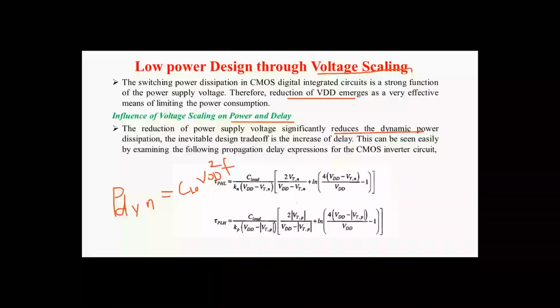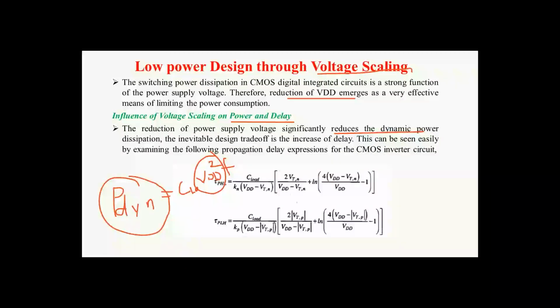Here the dynamic or average power dissipation is proportional to the supply voltage. When you increase the supply, the power dissipation increases. When you reduce the supply voltage, the overall power dissipation will be reduced. That is low power design through reduction of the power supply voltage.